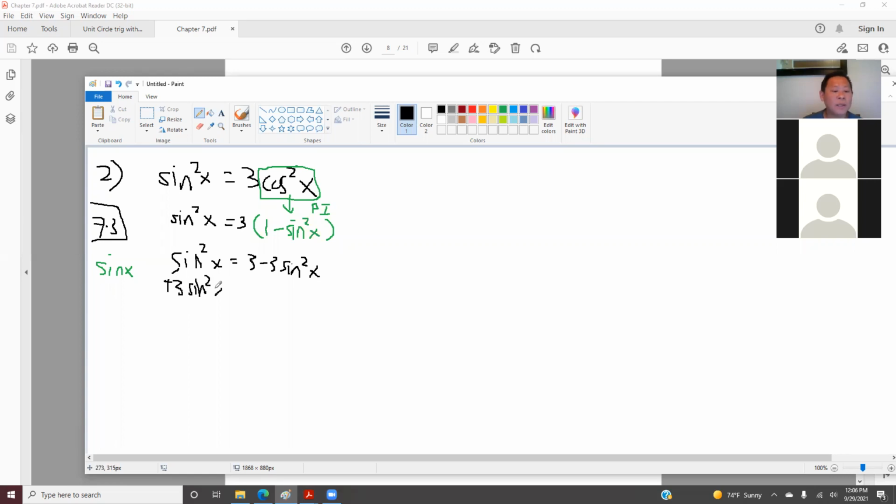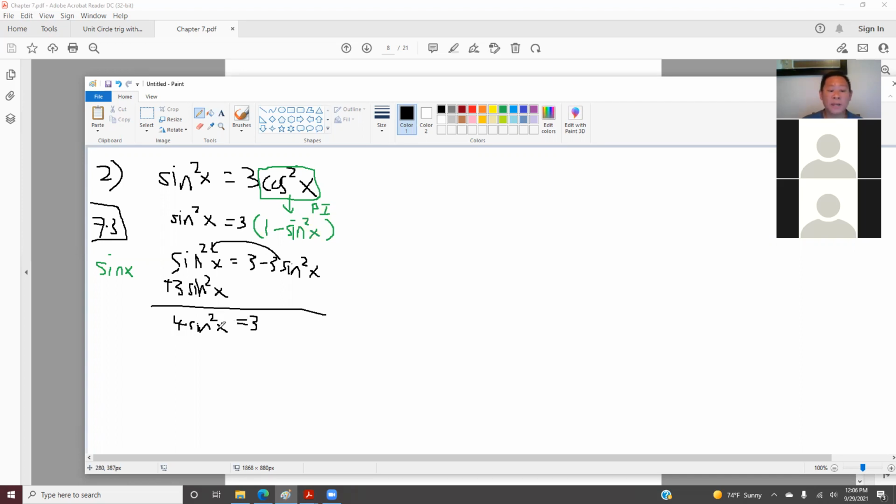I just move this to that side. So this will become 4 sine square x equals 3.